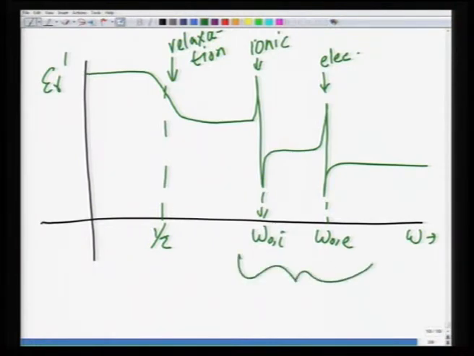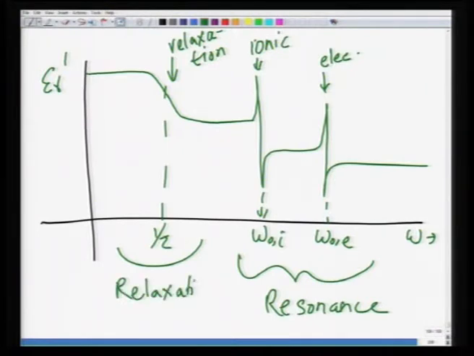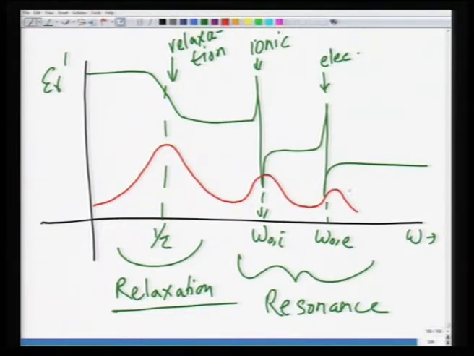Again, just to reiterate, these two are resonance related phenomena, and this is relaxation. This is the crucial difference between dielectric behavior at various frequencies, and the corresponding loss goes through maxima at this point, maxima here, and then maxima here. So, this is your epsilon r double prime. This completes the discussion on the behavior of dielectric materials under the influence of an alternating field.